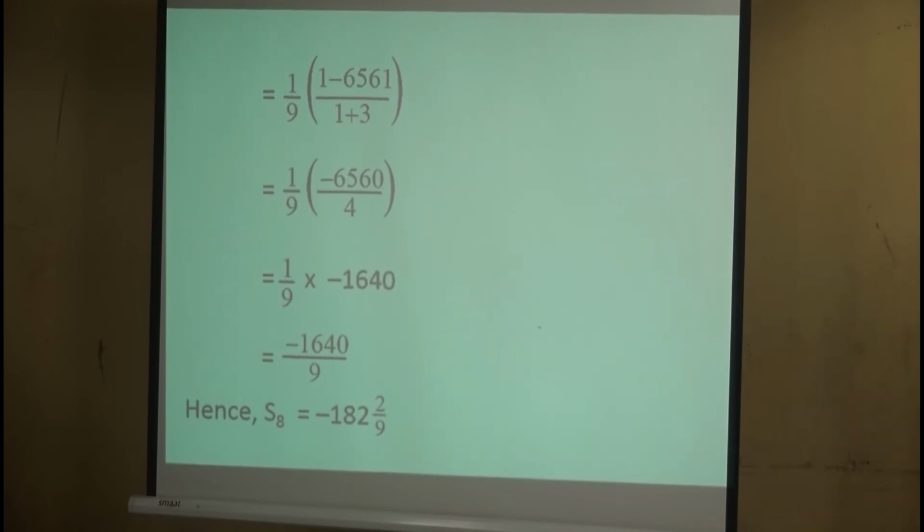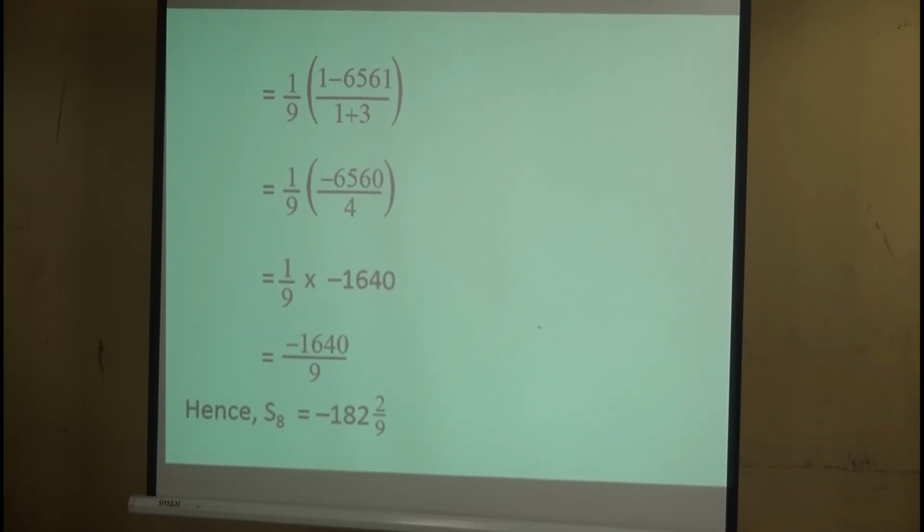That is why we are having 1 plus 3. So 1 over 9, open bracket, 1 minus 6,561 will give us minus 6,560, all divided by 4.